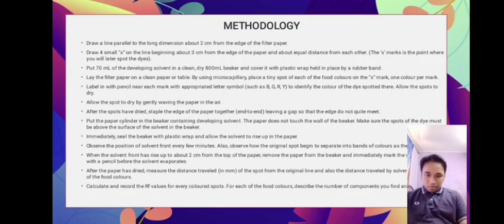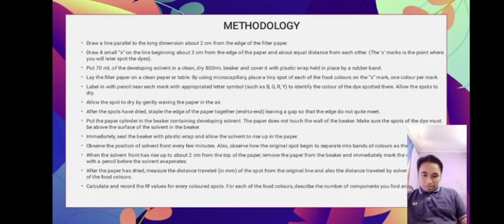When the solvent front has risen up to about 2 cm from the top of paper, remove the paper from the beaker and immediately mark the solvent front with a pencil before the solvent evaporates.